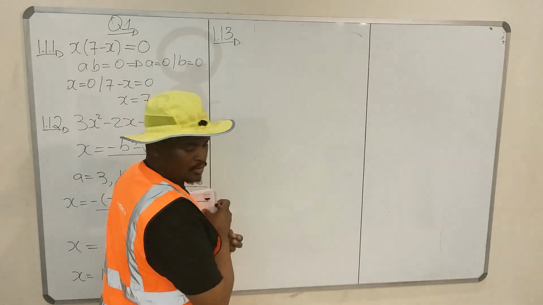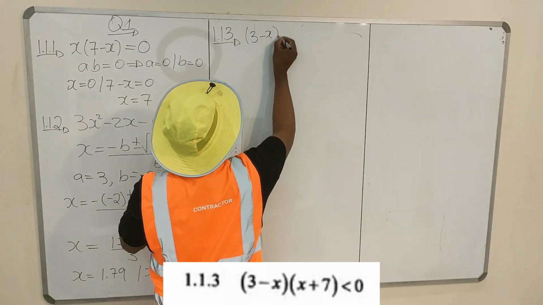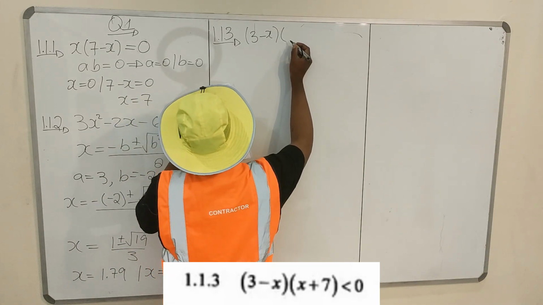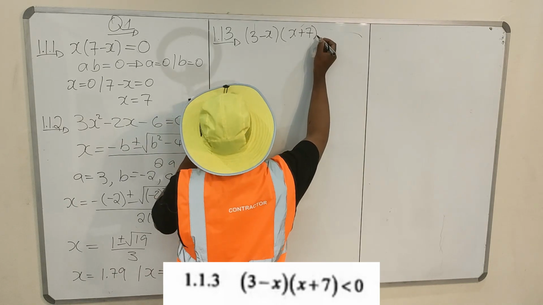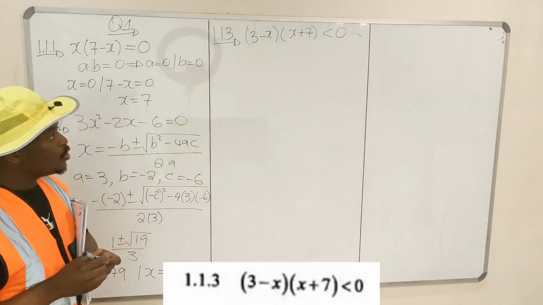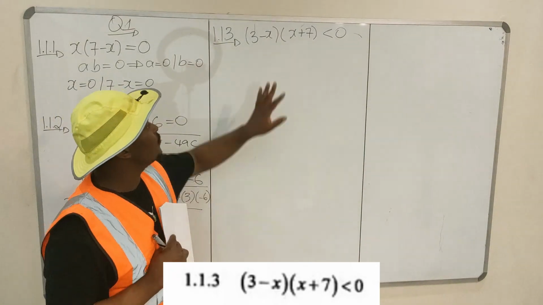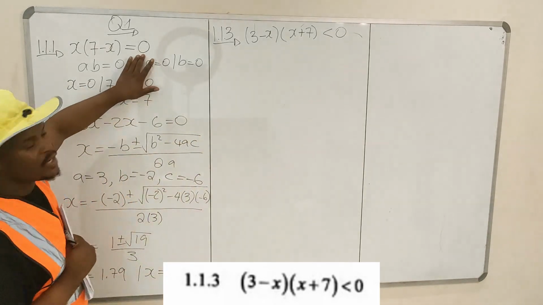So what are you given? You are given that (3 minus x) times (x plus 7) is less than 0. Do you understand? When it's in this form and there's 0 there, it's similar to this situation.